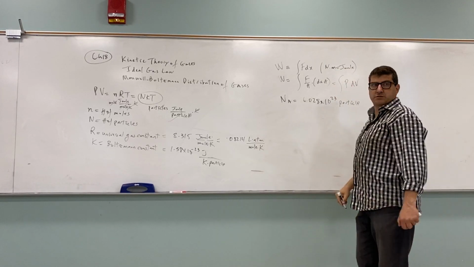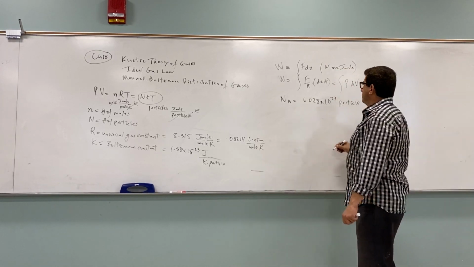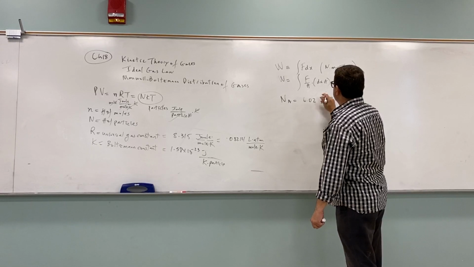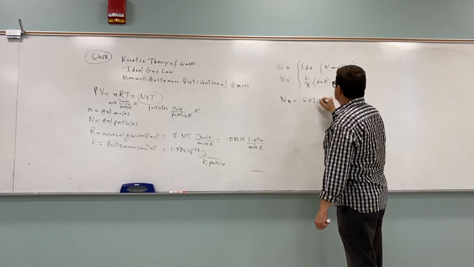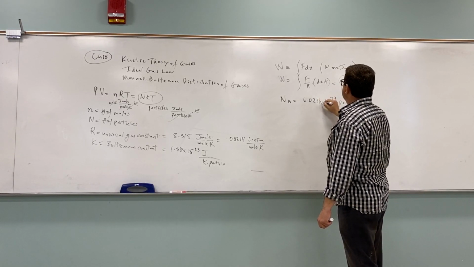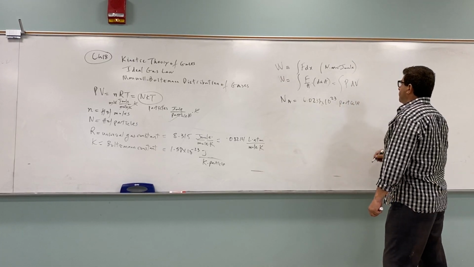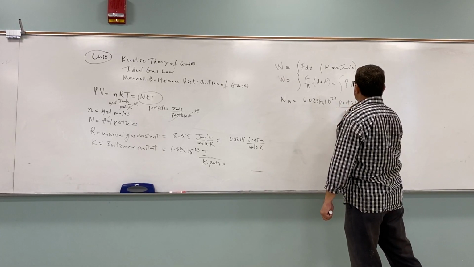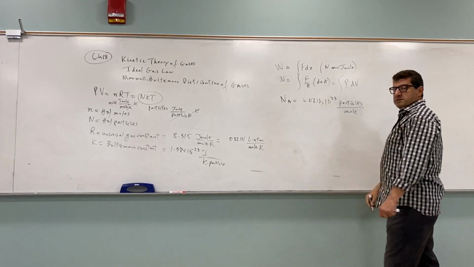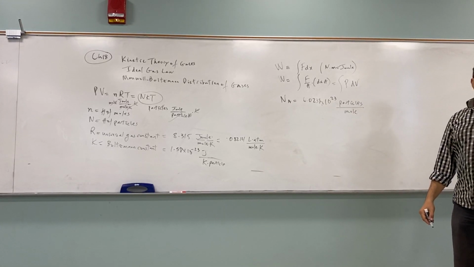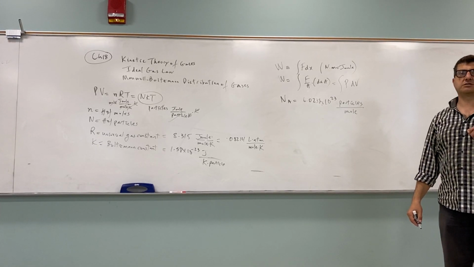Is it 2.8 or 2.3? Okay, I think it's 6.023, you're saying. Particles per mole of a gas. So in every mole of a gas, that's how many particles there are.